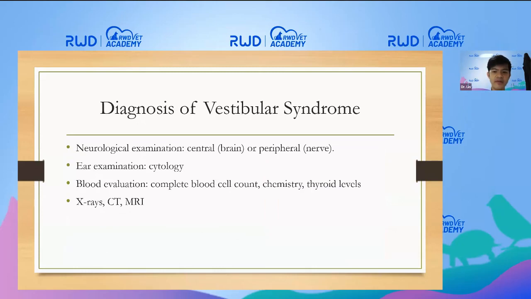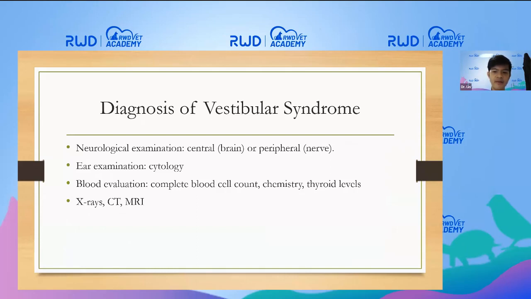So it is important to try to confirm the presence of a vestibular syndrome in dogs and cats, and then to identify its cause in individual patients. First, we should perform a neurological examination to determine if the problem is more likely to be within the ear or the brain.